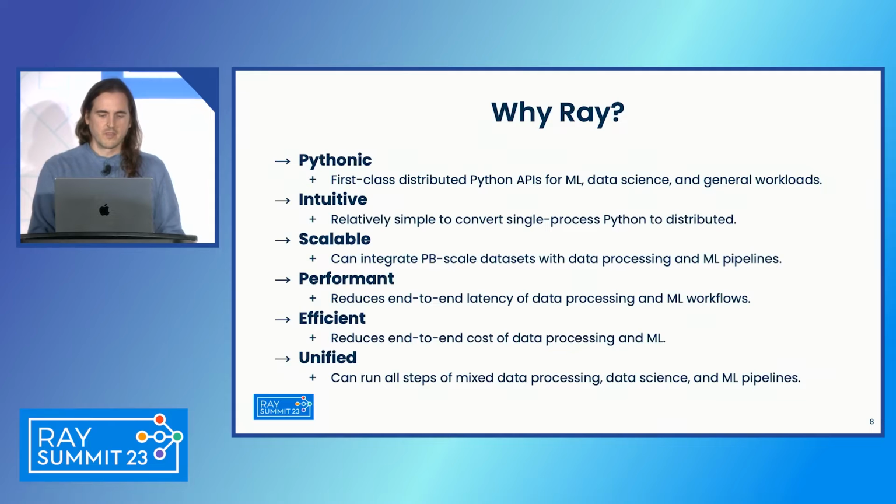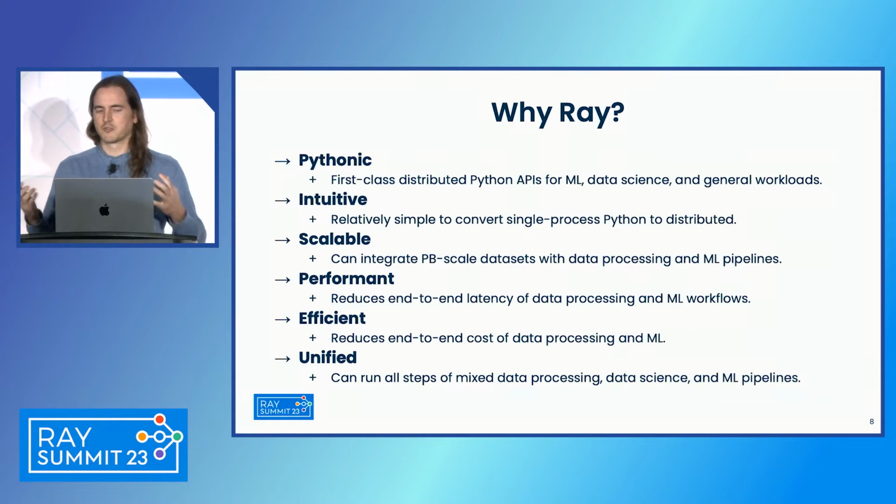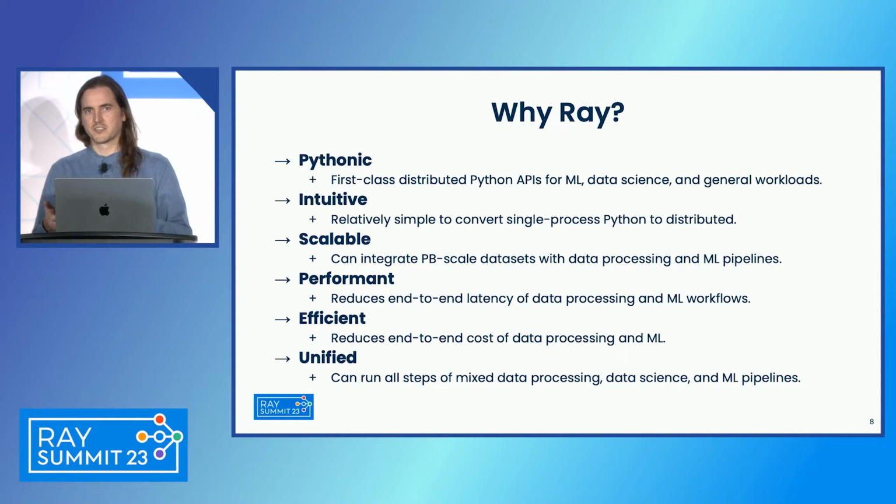And so a quick aside about why exactly we chose Ray here is, initially we weren't looking at it strictly for compaction. We were looking at an API that would help our data scientists and ML engineers scale their workloads on Python better. We found it, of course, it's Pythonic, it fit the bill there. We found it to have very intuitive APIs.